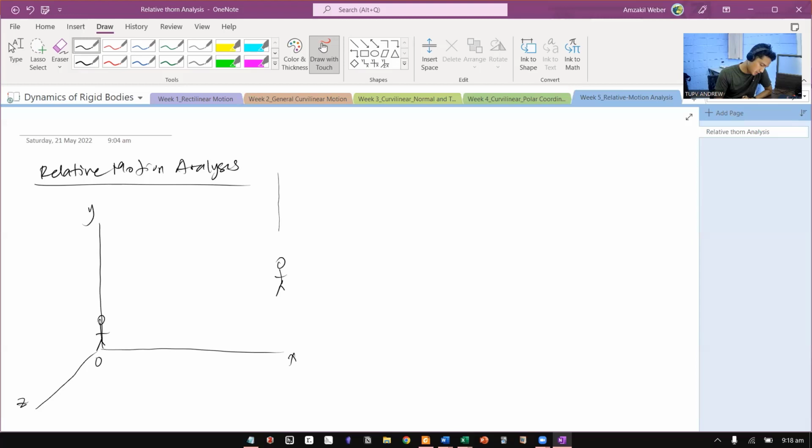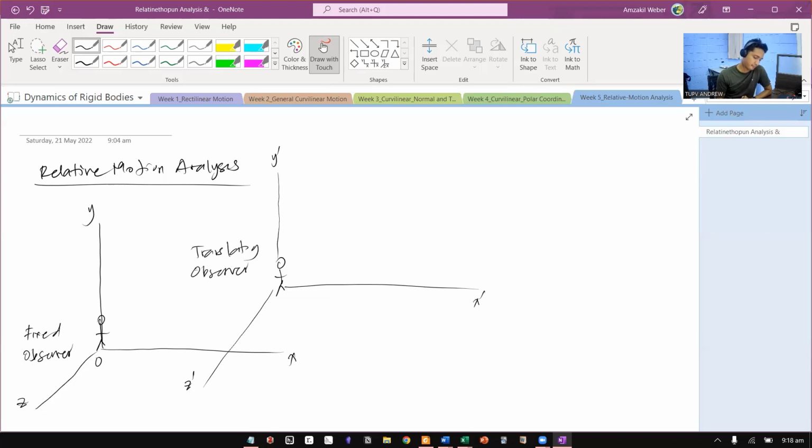So there is another reference frame. We call it x prime, y prime, and z prime. This one is you, the fixed observer, and this one is the translating observer. Translating means it is moving in a straight line but has no rotation.